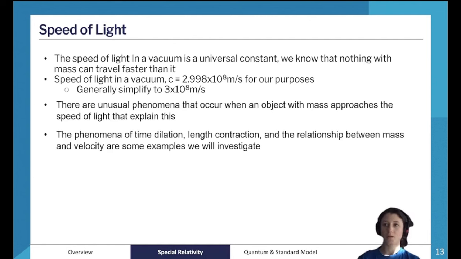So, these unusual phenomena include time dilation, length contraction, the relationship between mass and velocity, and we'll have a look through those. So, the key takeaway from this slide is that nothing with mass can travel at or faster than the speed of light, and the reason for that is those 3 concepts that we'll have a look at in a second.